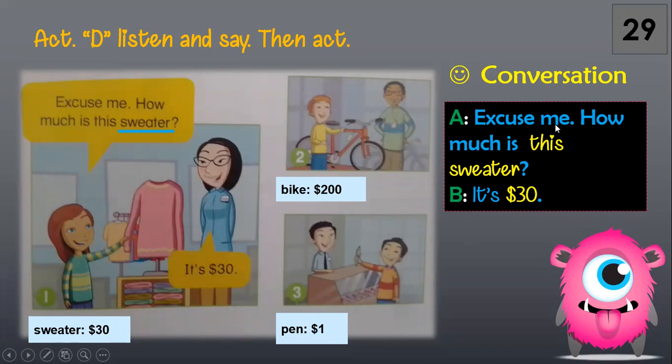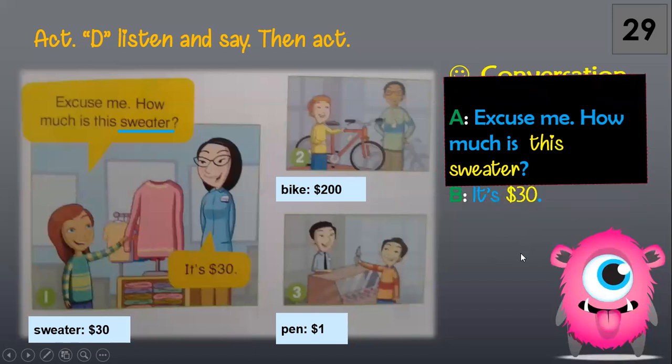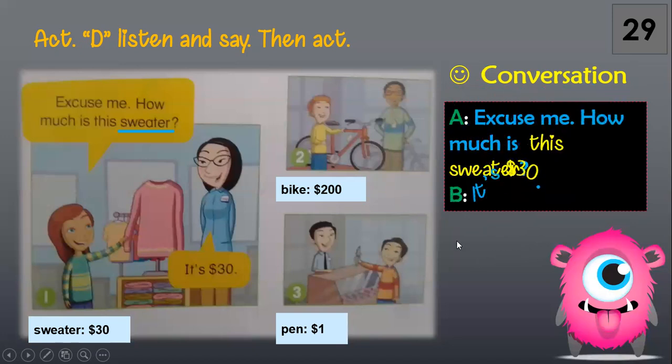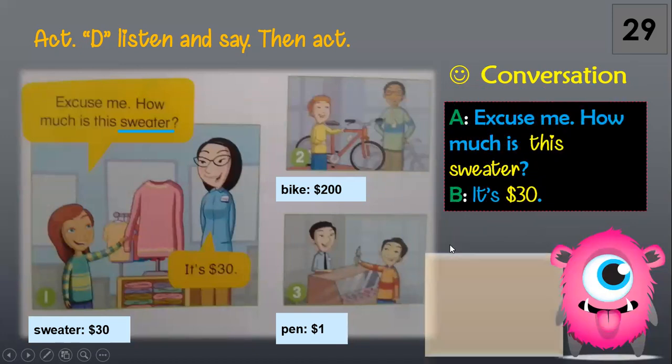Excuse me, listen to the pronunciation. Excuse me, how much is this sweater? It's $30. So remember that we can change the object according to what we want to know. For example, I have another thing to ask.